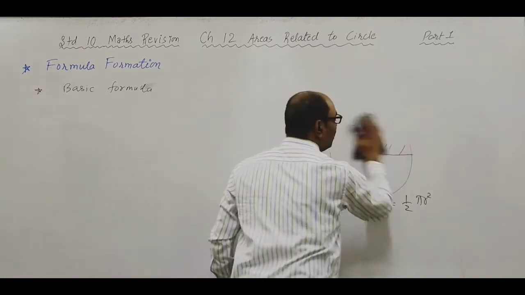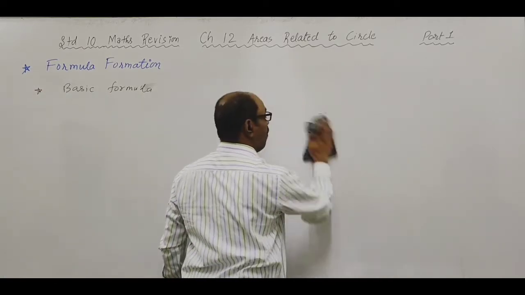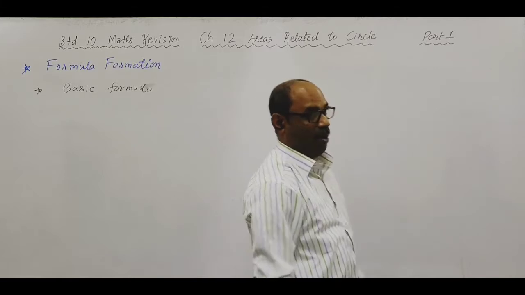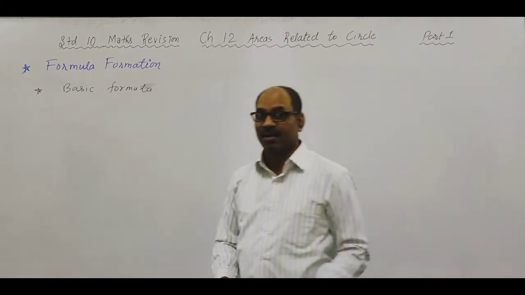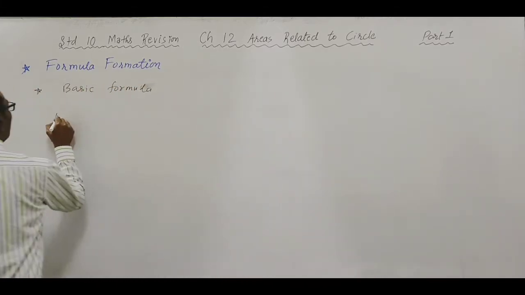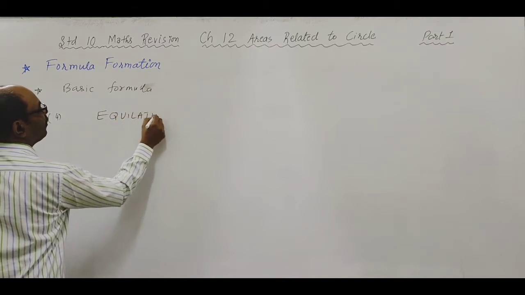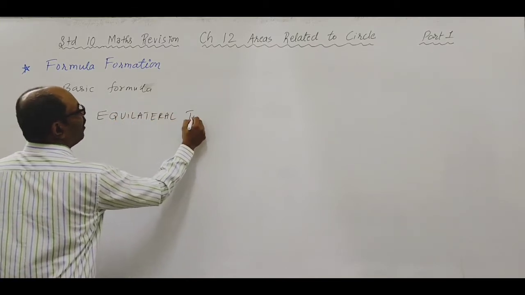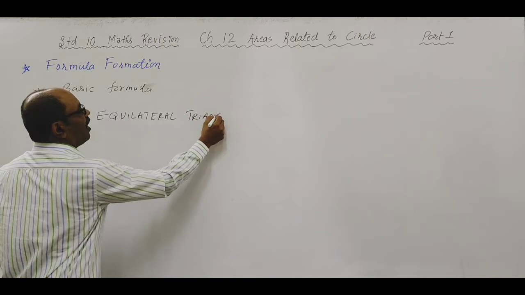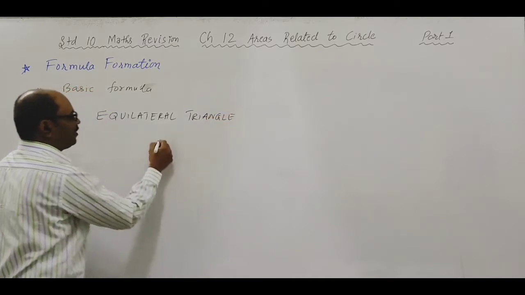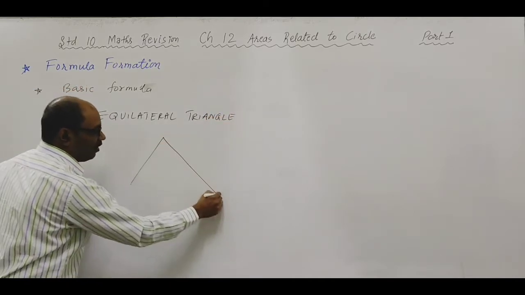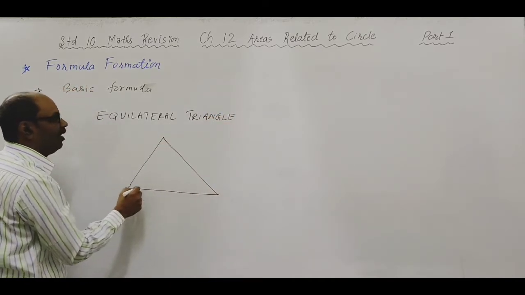आगे देखते हैं. Next, very important. The next two are very important. One is equilateral triangle. Number 4. Area of equilateral triangle. Do you know what is equilateral triangle?